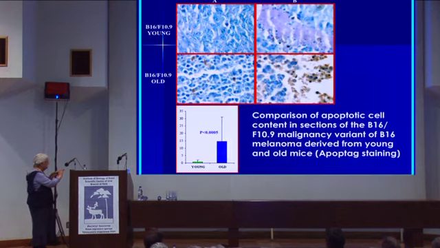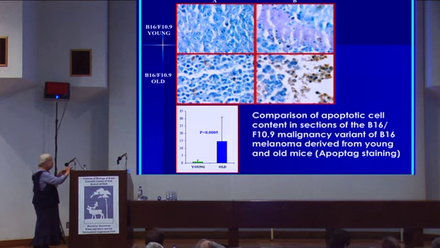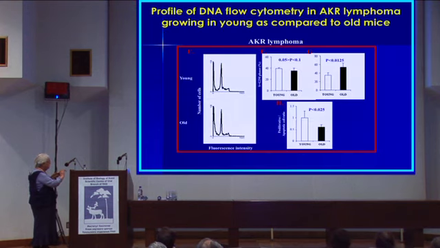You can see that apoptosis is much more evident, according to ApopTag, in tumors from old than in those from young mice. Here you can see, according to DNA flow cytometry, both differences.